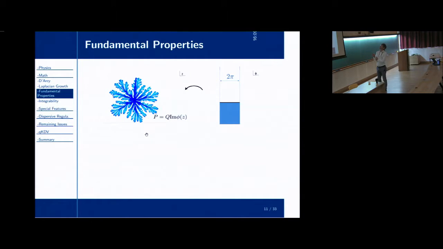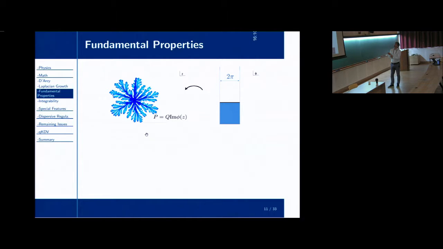So this mapping, or inversely, the inverse map, is phi of z. So z of phi is a mapping from here to here. Phi of z is the mapping from here to here. And the imaginary part of phi of z on the boundary of the droplet is 0, because the boundary of the droplet is mapped into the real line. So the imaginary part of this map is 0, like we want.